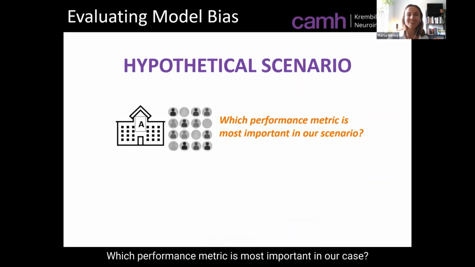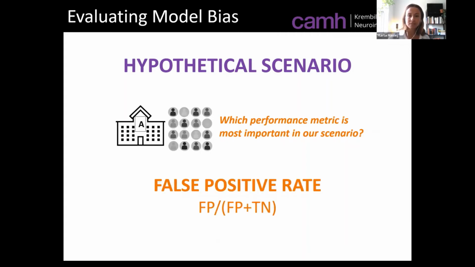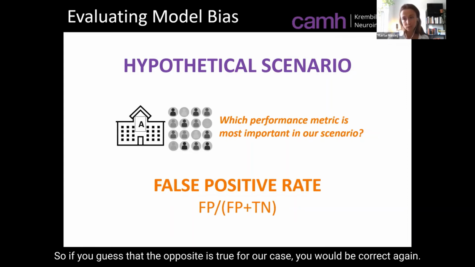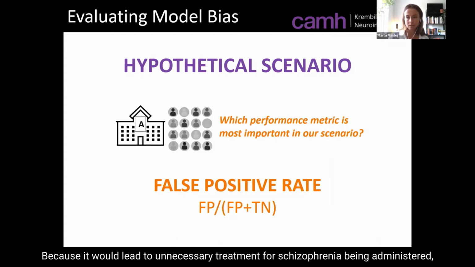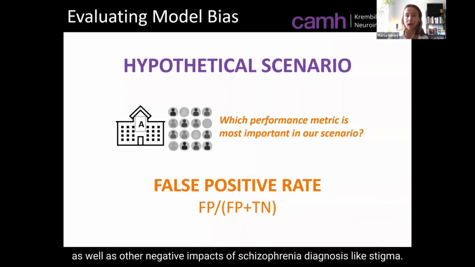Next slide. Which performance metric is most important in our case? Next slide. So if you guessed that the opposite is true for our case, you would be correct again. A false positive or misdiagnosis is more harmful for a hypothetical scenario because it would lead to unnecessary treatment for schizophrenia being administered, as well as other negative impacts of a schizophrenia diagnosis, like stigma.